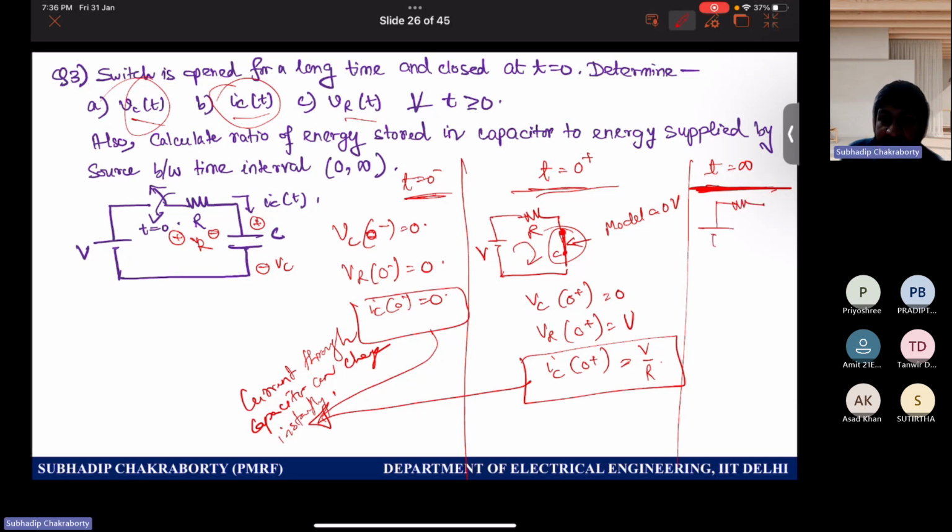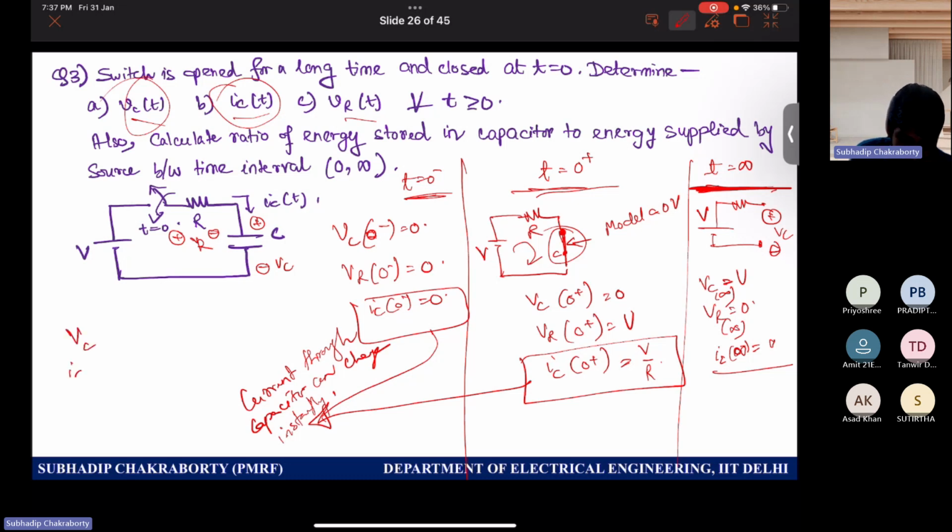Capacitor will open itself up because it is now completely charged. So what is now VC? VC is now V. VR is now 0. At infinity, I am telling. But IC is now 0 at infinity. It is completely charged to the voltage, so no charge flows and hence no current flows. So all are 0.